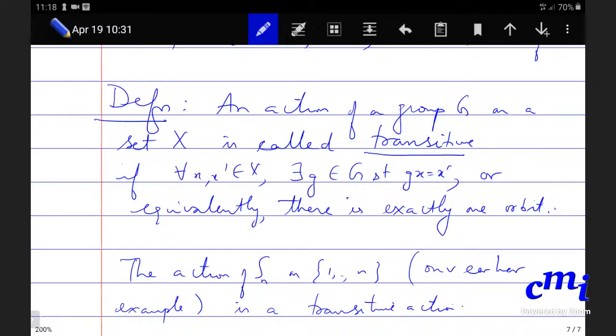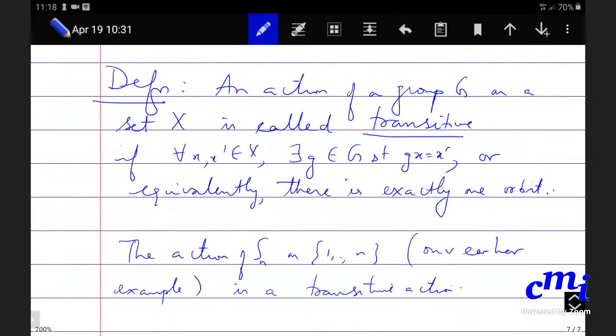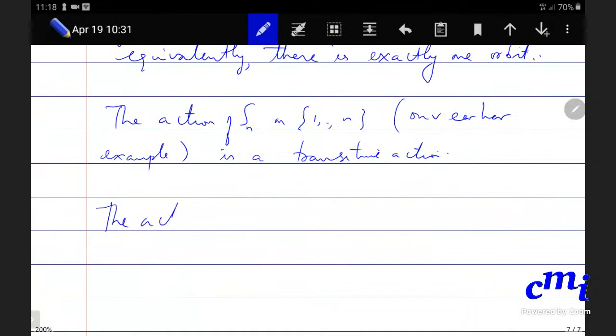I mean, there are other ways you can express this. The action of GLn(R) on R^n is not transitive.